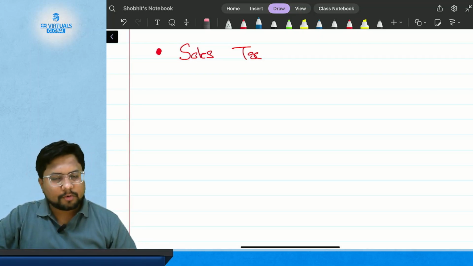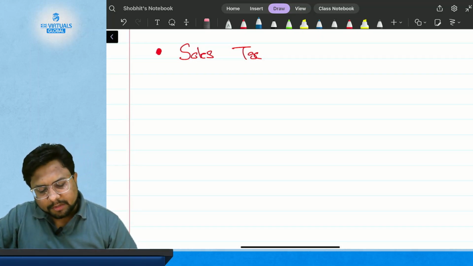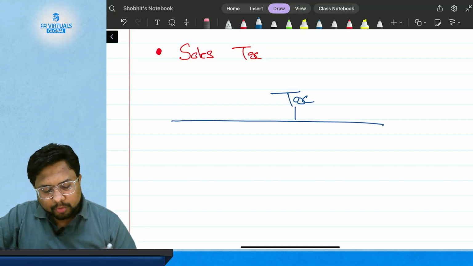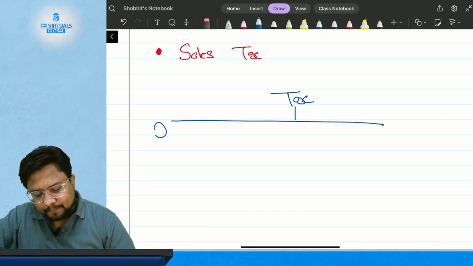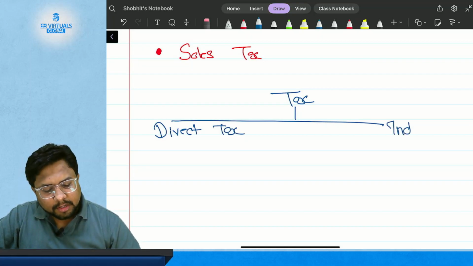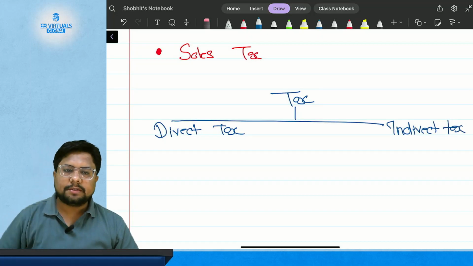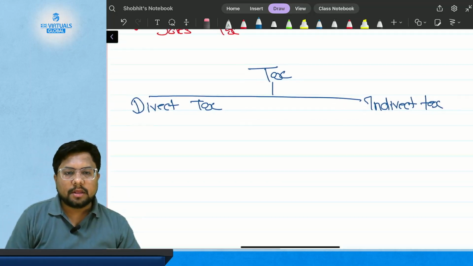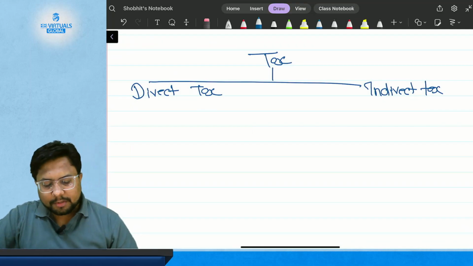So before starting what is sales tax, let's understand what is the tax structure. Tax is divided into two categories. First one is direct tax. Second category is indirect tax. What is direct tax?